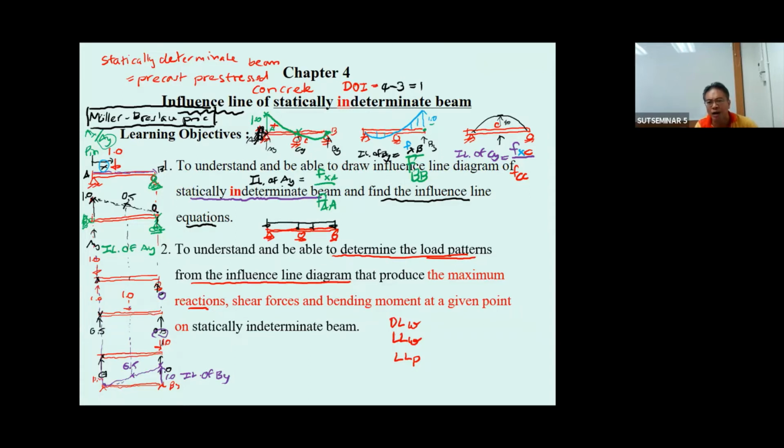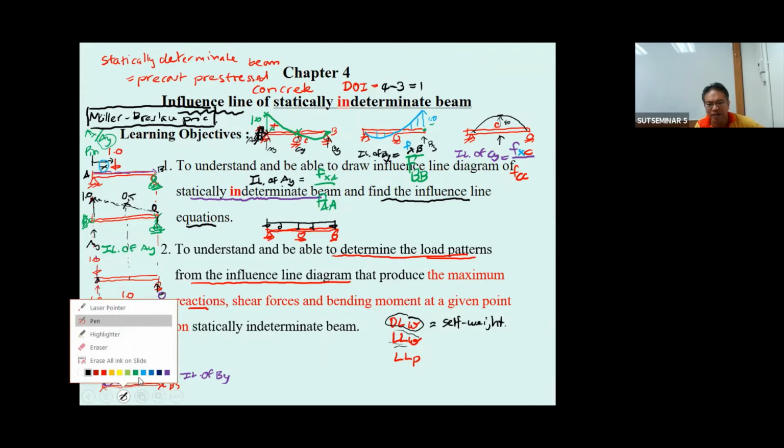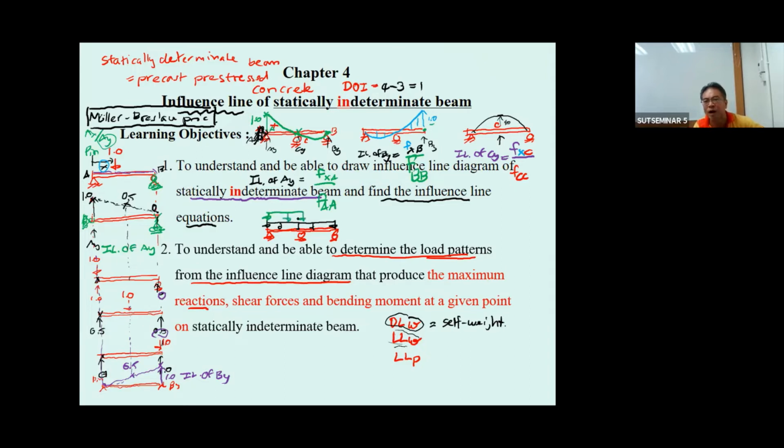Anytime you talk about this distributed dead load, it is some kind of self weight of the beam. So it's still there. But the live load, uniformly distributed live load, can be placed at the position that produces the maximum of what?